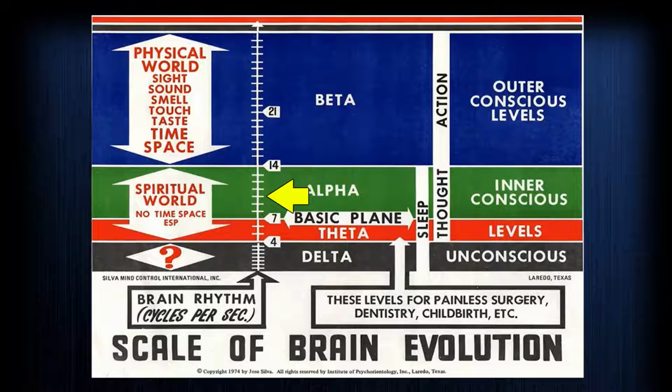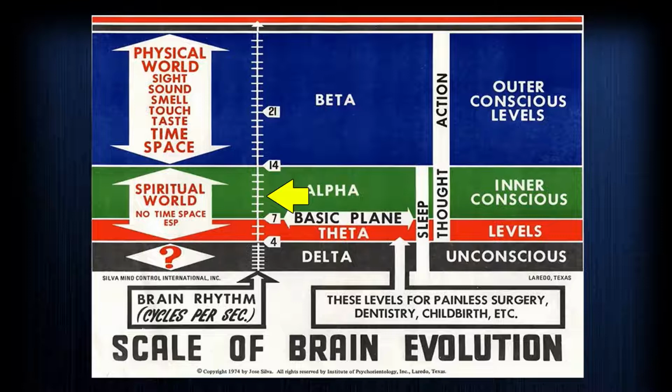If you look on this chart and locate the 14 cycles per second borderline of beta and alpha brain rhythm, and then go down a little bit to the alpha-theta border, that's what we're going after, about 9 to 10 cycles per second.